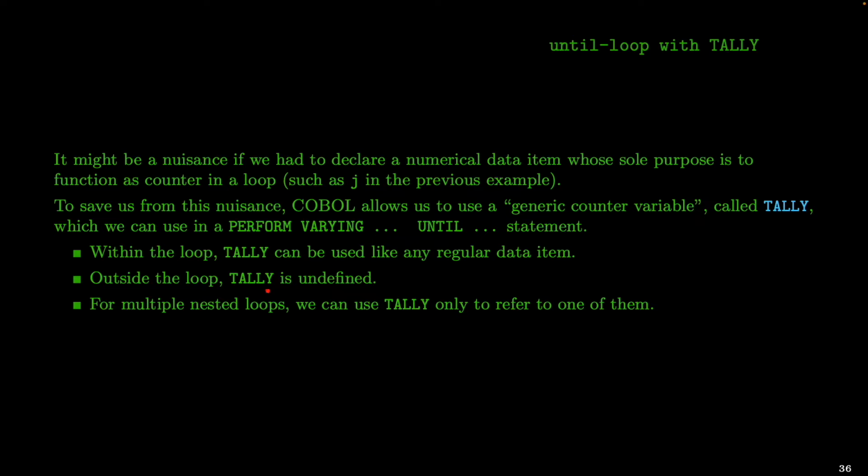But if you have multiple nested loops, then tally can only refer to one of them. So yeah, maybe don't use it if you use nested loops that all have a varying counter variable. But if you just have a simple loop where you need one counter, then tally can be quite convenient, and it saves you the definition of one variable.